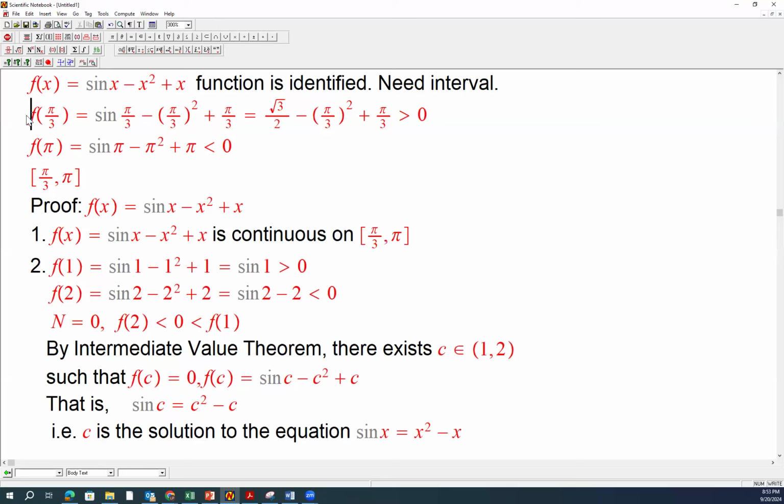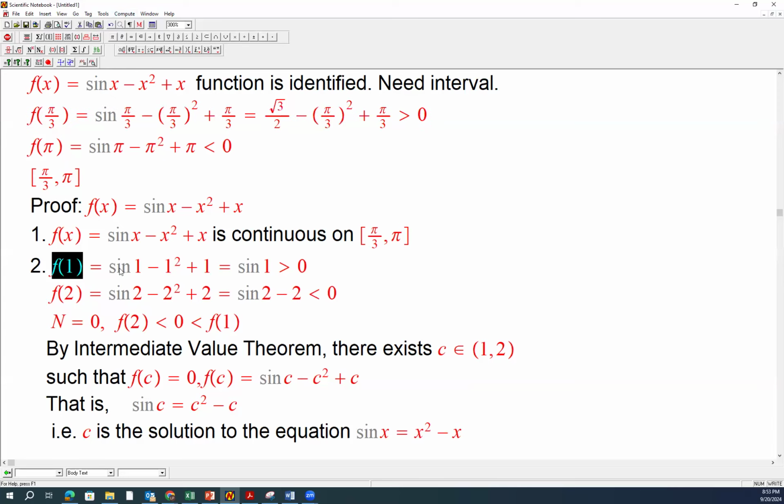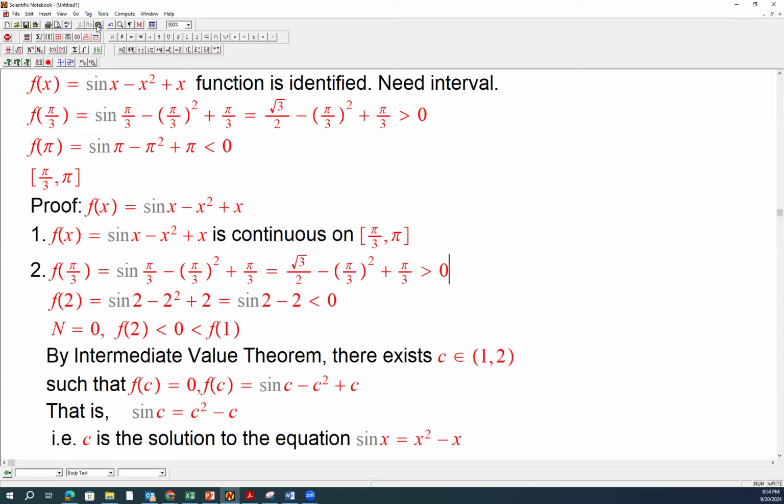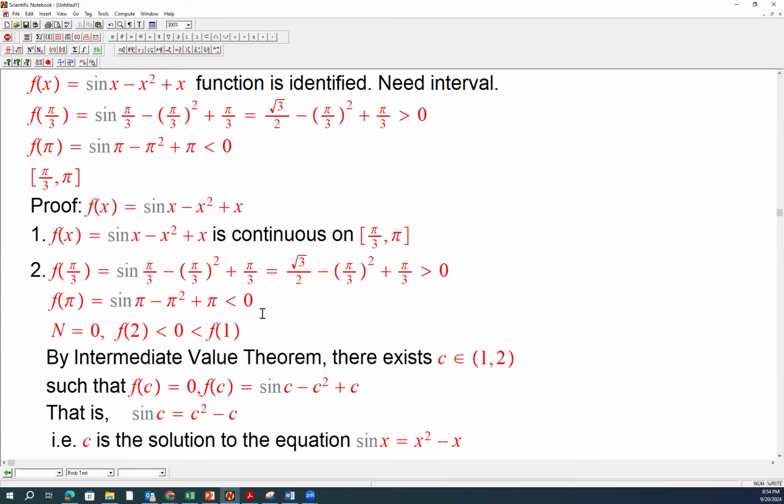And f of pi over 3 is going to be positive, right? F of pi is negative, right? And in between, f of pi over 3 is positive.